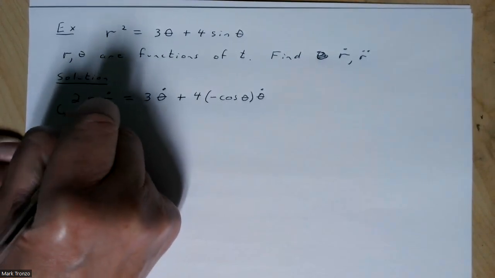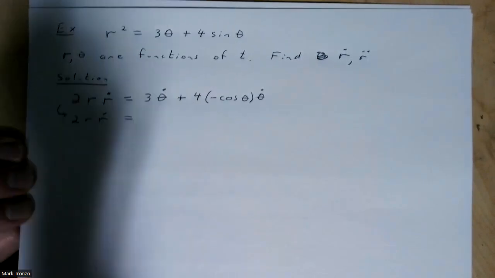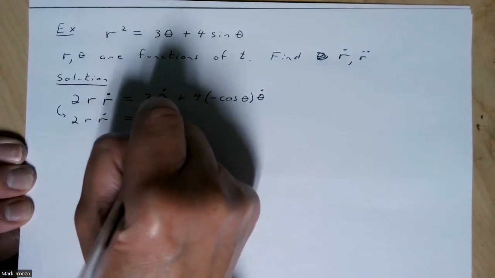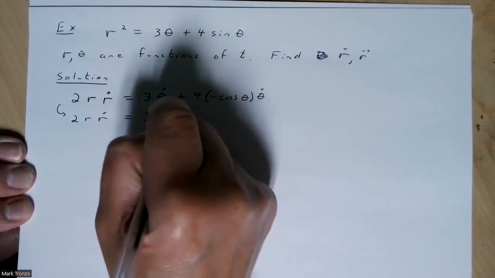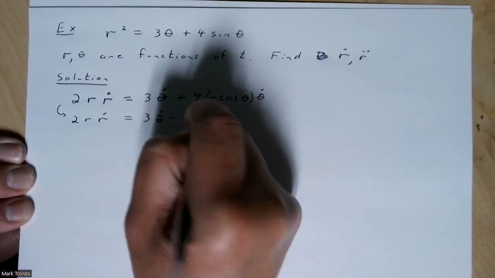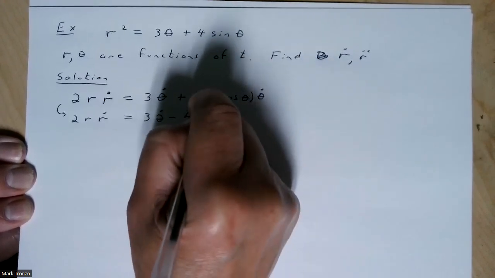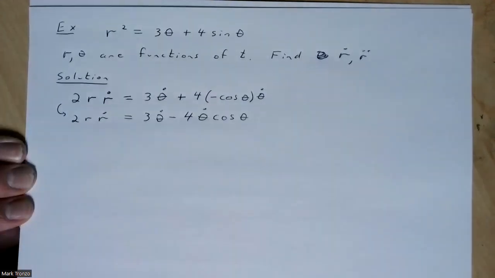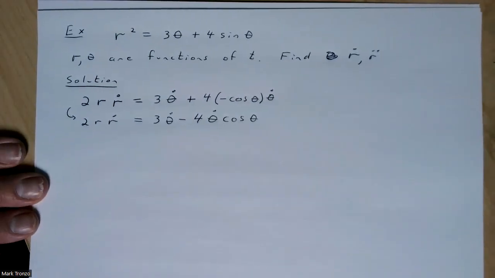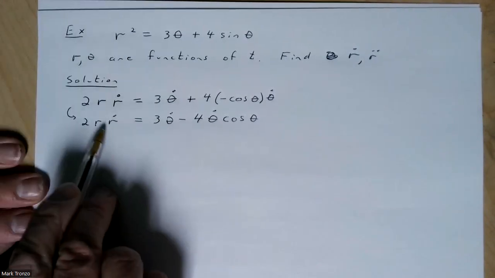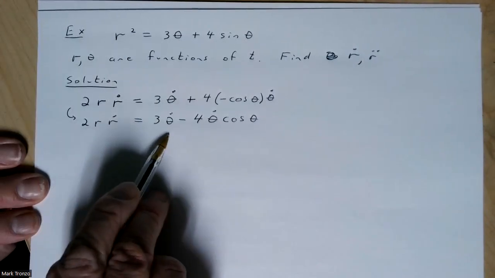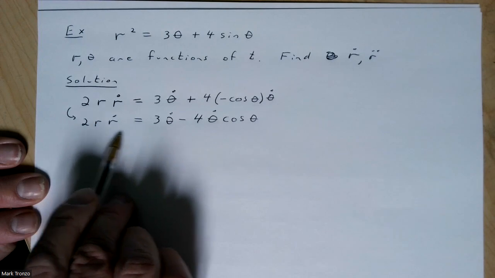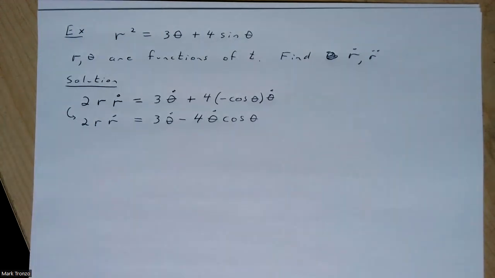Let me just rearrange this a little bit. 3 theta minus 4. I don't know, let me put the theta dot in front here. Cos theta, just to make it look a little nicer. Now, at this point, you could solve for r dot and then do the next derivative that way, but it's probably a little bit easier just to continue the way we're doing.